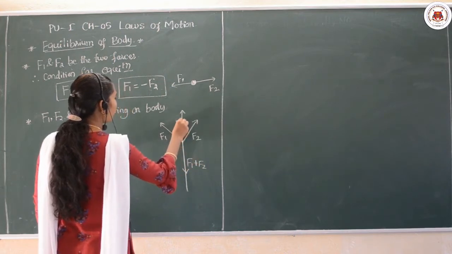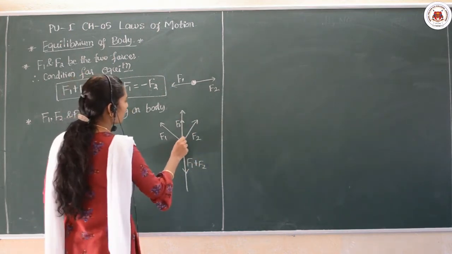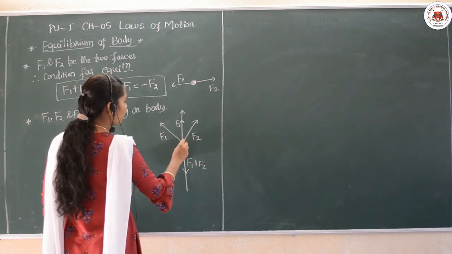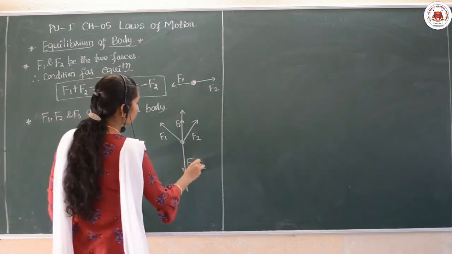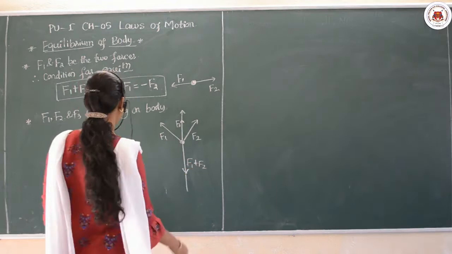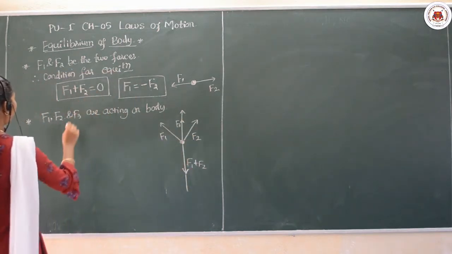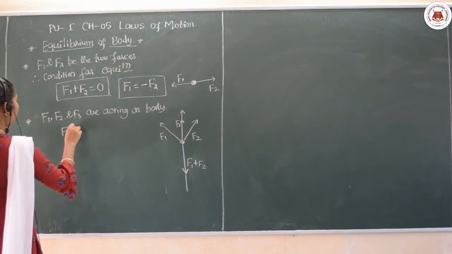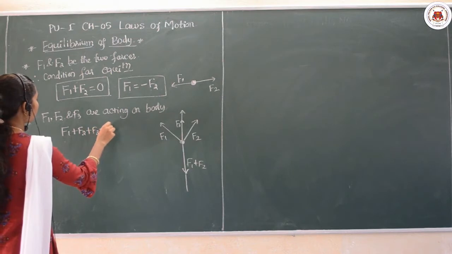The third concurrent force acting on the body will be balanced by the sum of the two concurrent forces. That means in this situation there are three forces, F1 plus F2 plus F3 is equal to 0.